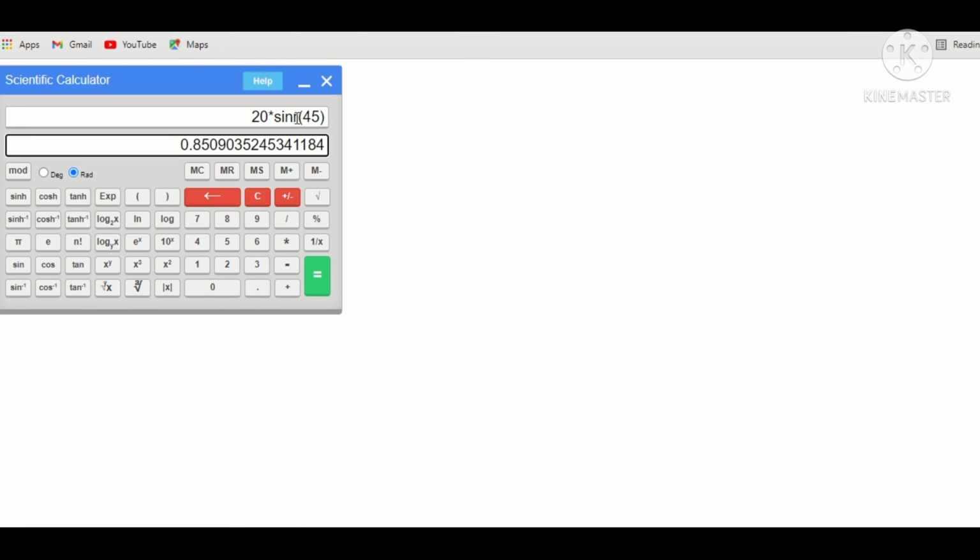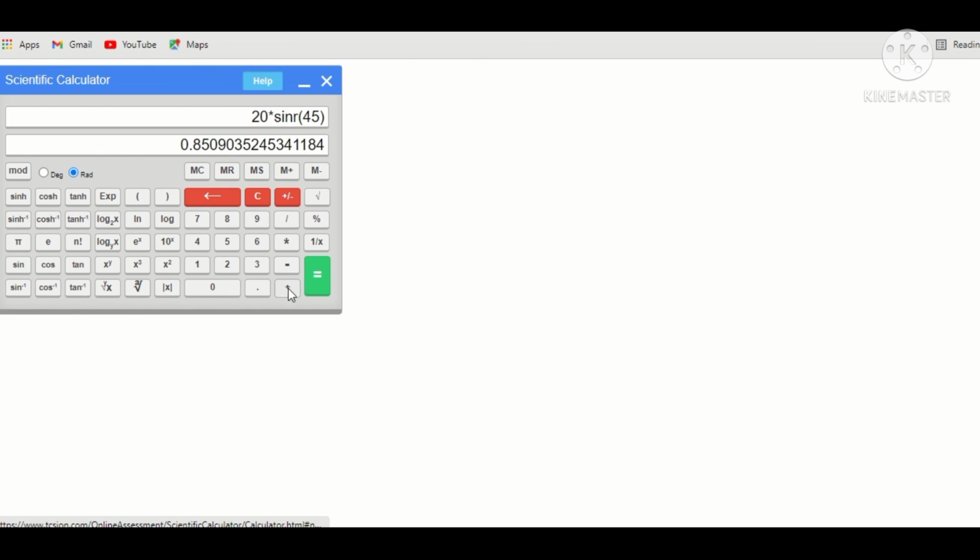Here the display changes from D to R. That's the difference between rad and degrees, and the value will be somewhat different from here. Degree is the most important, because we use degrees in most cases, so degree is mandatory. You can use degrees and radians, but if you have clarity about radians, you can use that also.